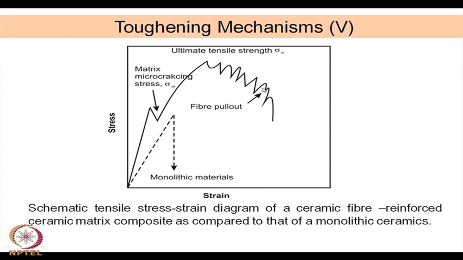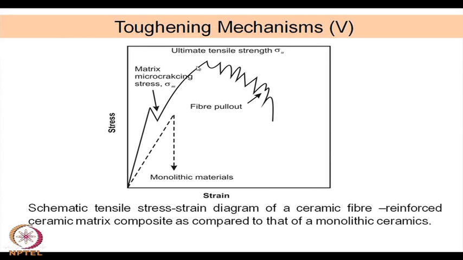It is more like a ductile material. In fact, you do not get any ceramic material like that, what is called the yield point, a kind of yield point phenomenon takes place here, the matrix micro cracking stress. Okay. That means the micro cracking starts here.